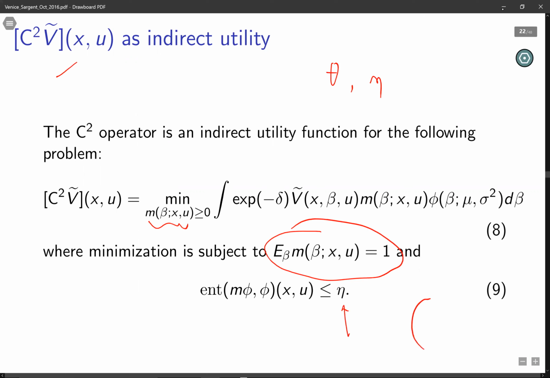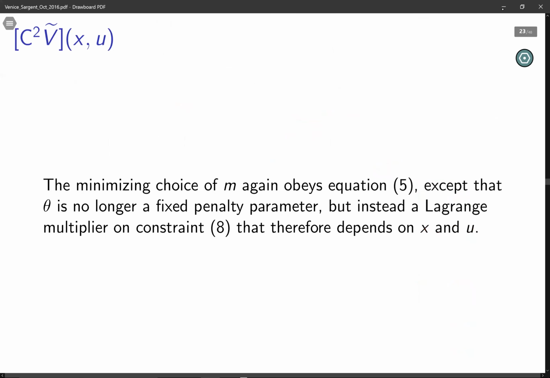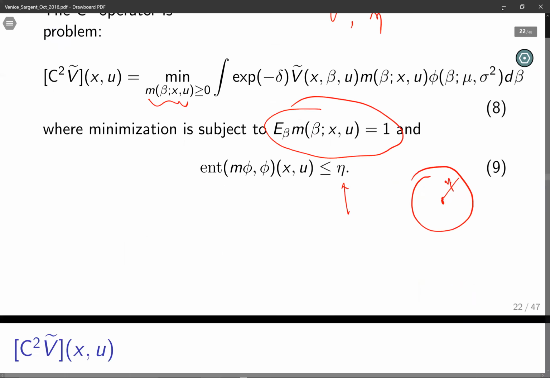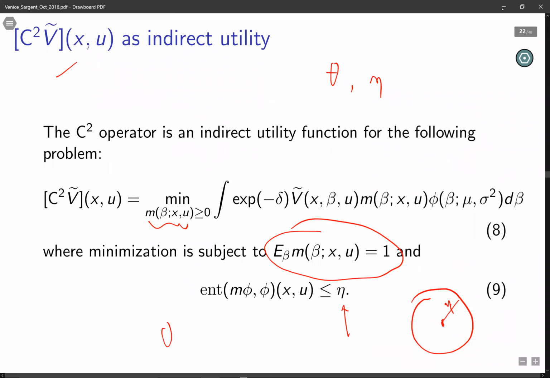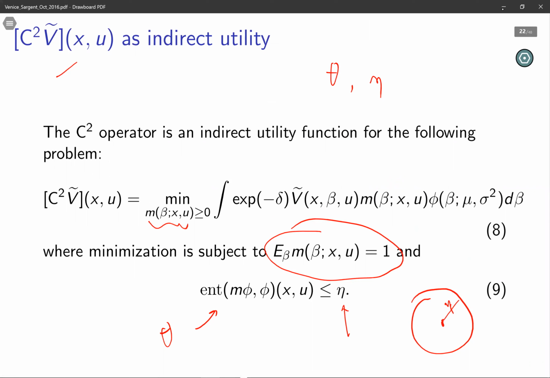So literally now, eta is the size of this entropy ball. And again, if you solve this problem, you're going to get exactly the same formula for the worst case distortion. There's going to be a theta, but now theta is going to be a Lagrange multiplier on this restriction. So this is a common relationship between so-called penalty problems and Lagrangian problems.